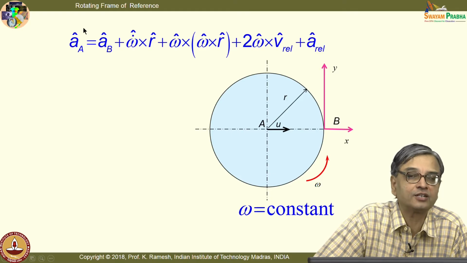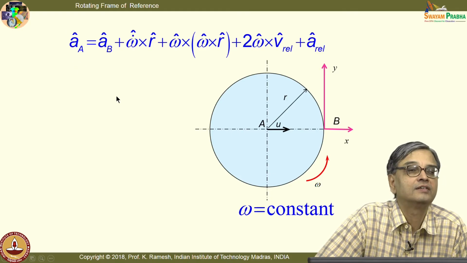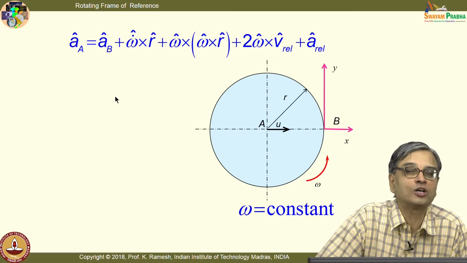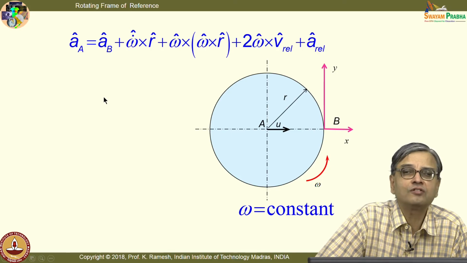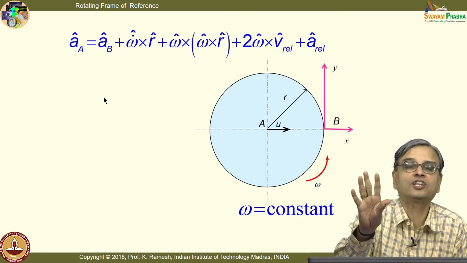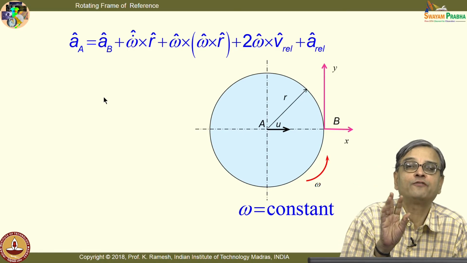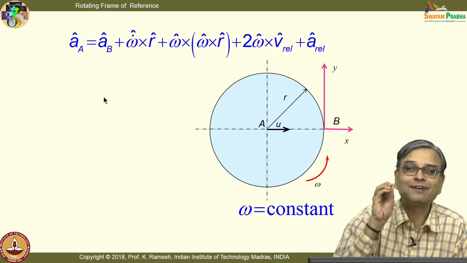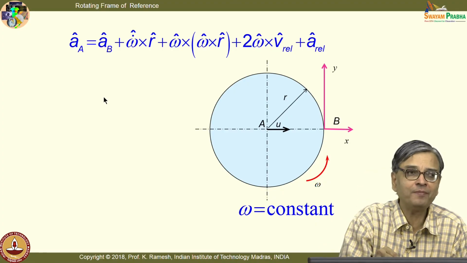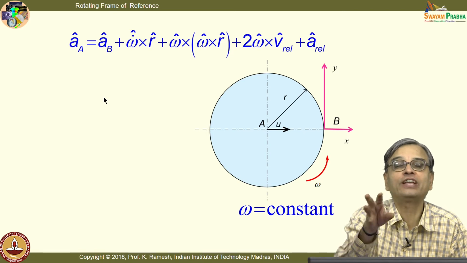What is it that you have been given as acceleration of A? Go back to the problem statement and see. It said that you assume there is no horizontal acceleration. Fine, you are just having a constant velocity. The ball is moving at a constant velocity, and if you look from space, it will go in a straight path. If I sit on the rotating platform, I will not see that it is going in a straight line.